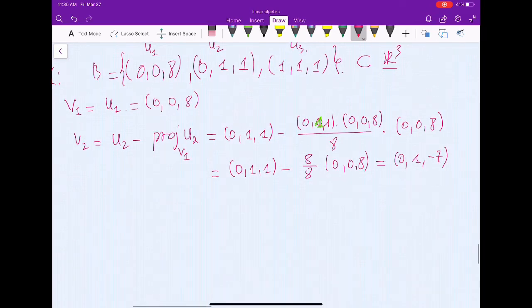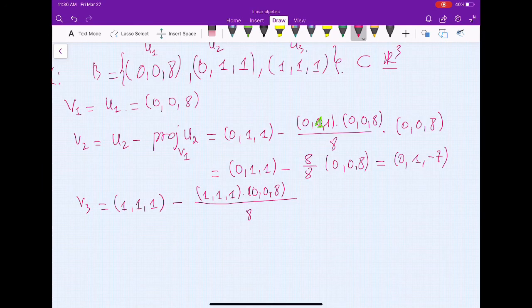Okay, and then I move to v3. I have v3 is (1, 1, 1) minus the orthogonal projection of this vector onto v1 and v2. So this is (0, 0, 8). The norm is 8, we already saw that.